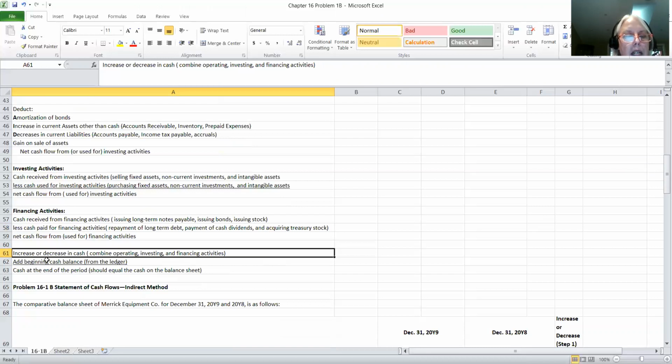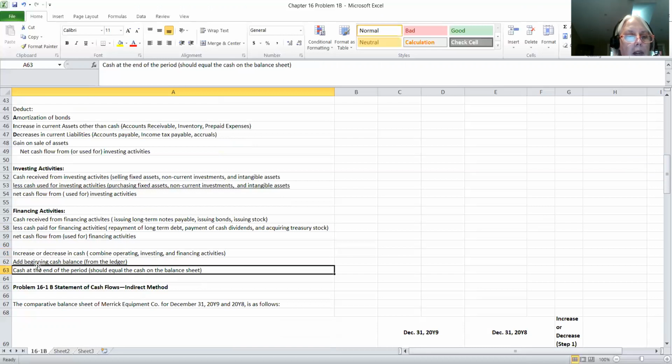That increase or decrease in cash for that period of time will be added to the beginning cash balance that is in your ledger account, or also is on your last year's ending balance sheet amount.